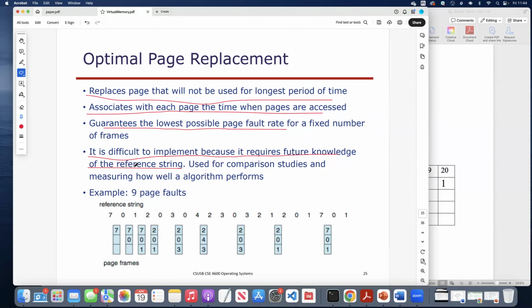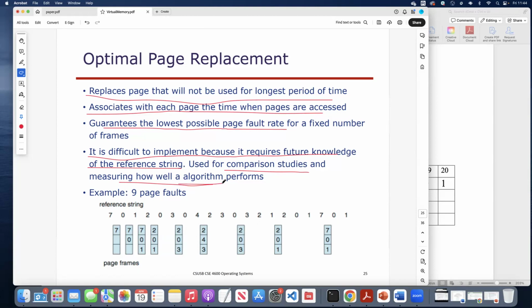So the future information is unknown, so we cannot implement this page replacement algorithm in operating system. But we still can use it for comparison studies and measuring how well a page replacement algorithm performs, and compare the new algorithm with this optimal algorithm.